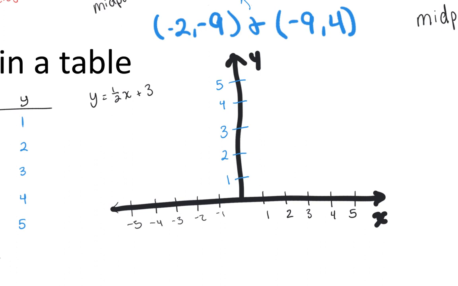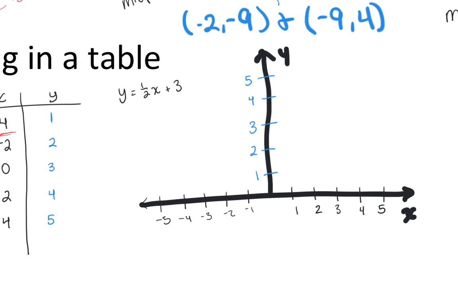We would get our first point, (-4, 1), over 4, up 1. Our second point is (-2, 2). Third point's (0, 3). Fourth point is (2, 4). And fifth point is (4, 5).